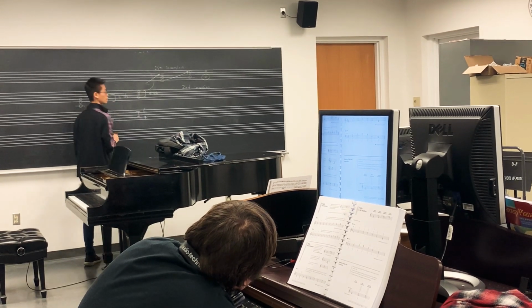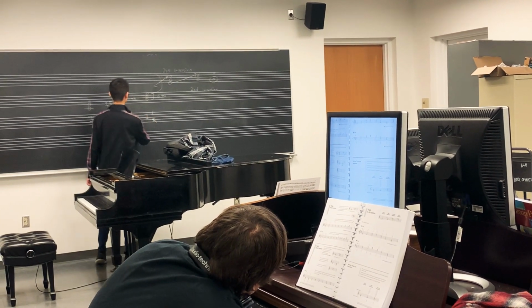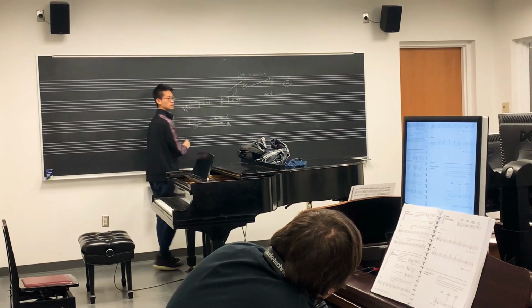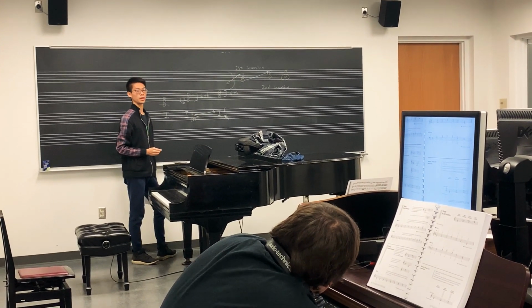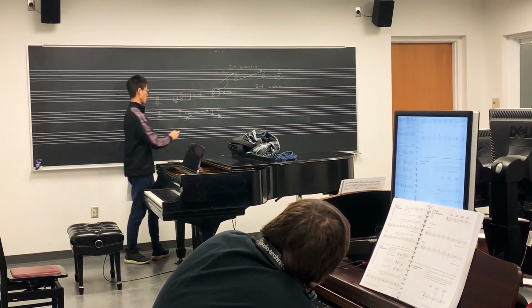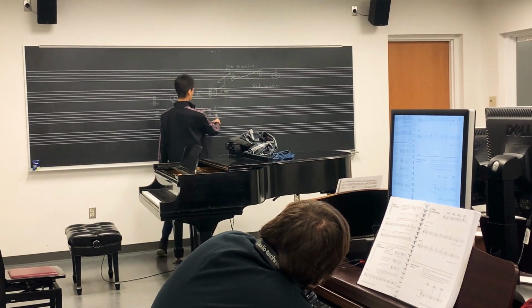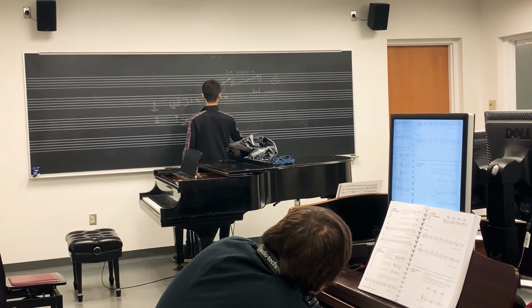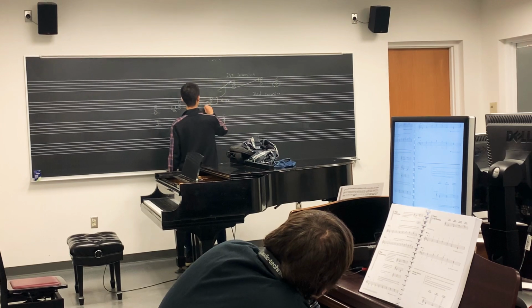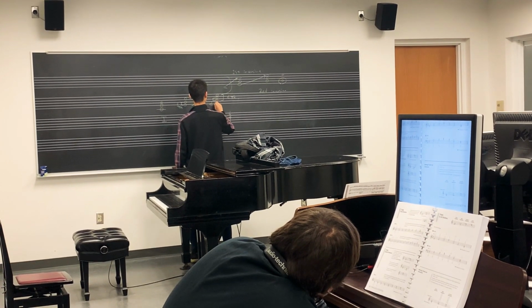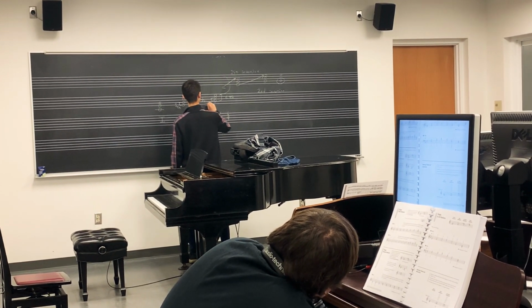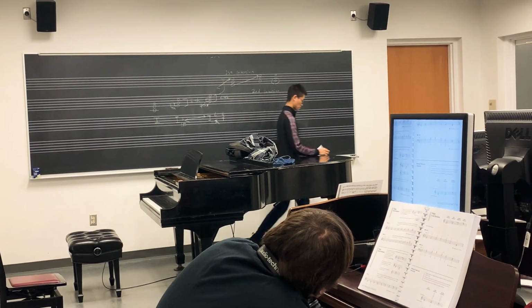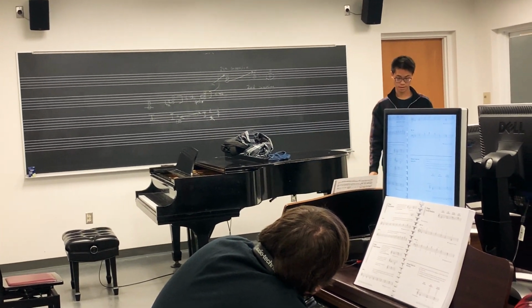Or you get too confused if we also omit this, you don't know which inversion you're playing. Clear? We don't have to write the 6, 3, but we have to write 1, 6, 4. Okay? And the 4 means the interval between the middle and the bottom.